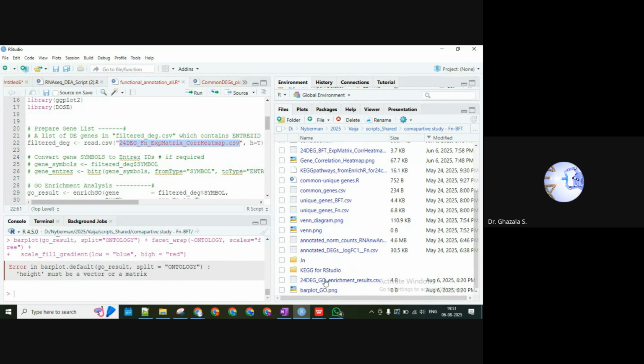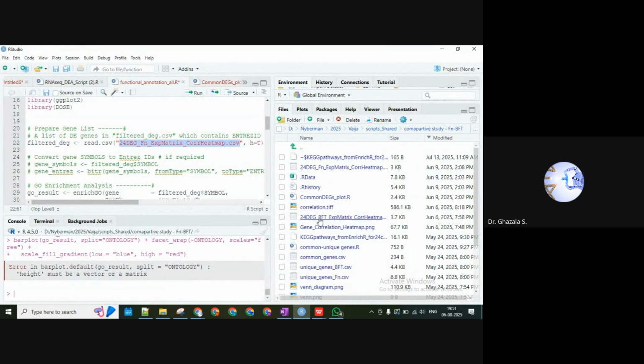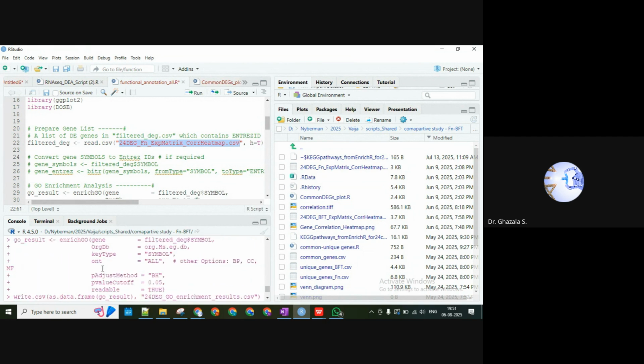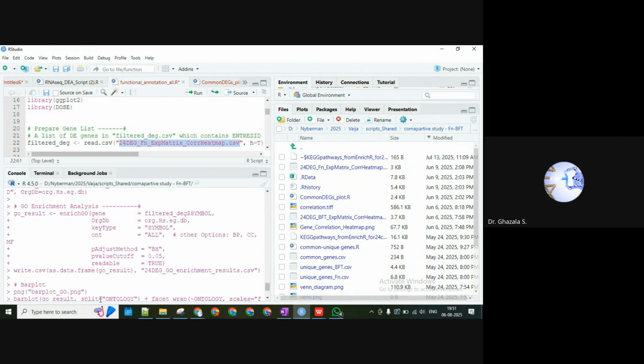This is not generated actually, I'm getting some error. I will check that, maybe it is due to some package. I have saved the result for the 24 DEGs.